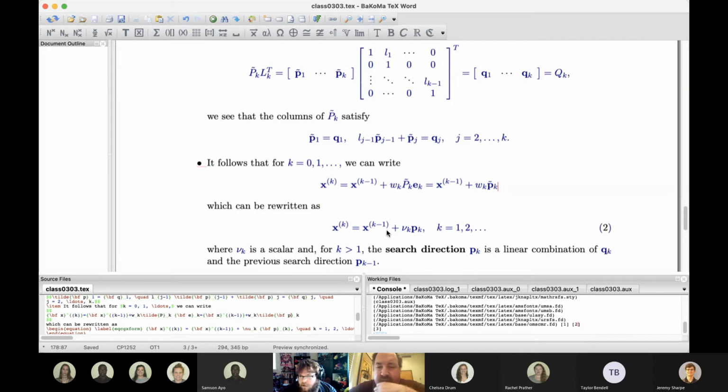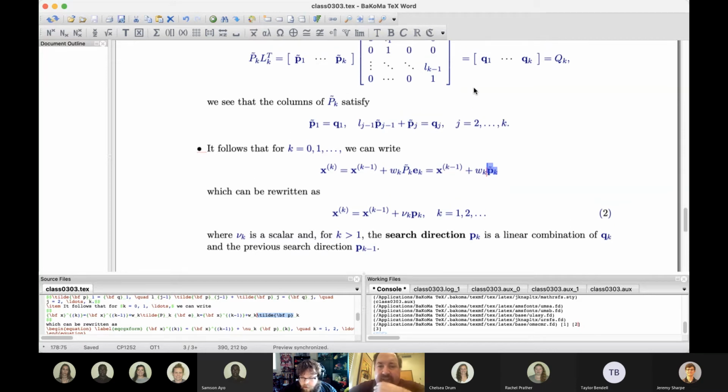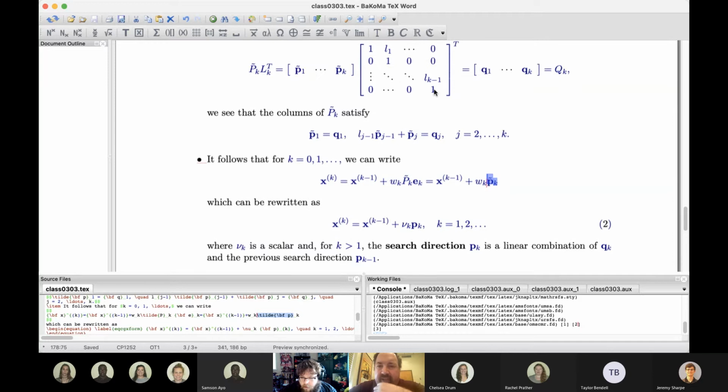But I'm going to write it a different way, because this exact vector, based on the definitions given here, is not going to be easy to get. I don't want to compute the LDL^T factorization of T_k, and I don't want to have to compute this matrix L_k and so forth. I don't want to compute Q_k either.